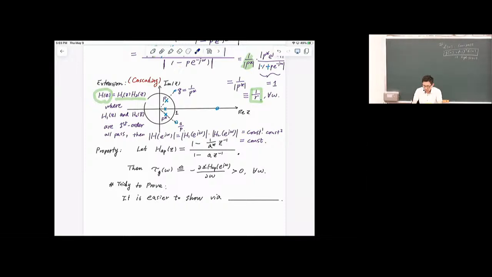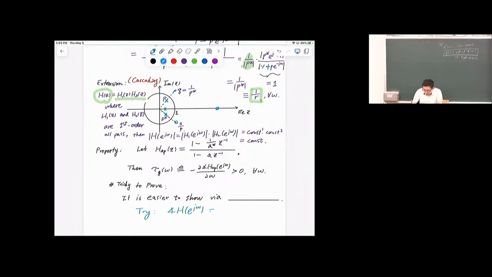And what we mean, really, if you're serious about this, you can try evaluating the angle of H of e^{jω}.